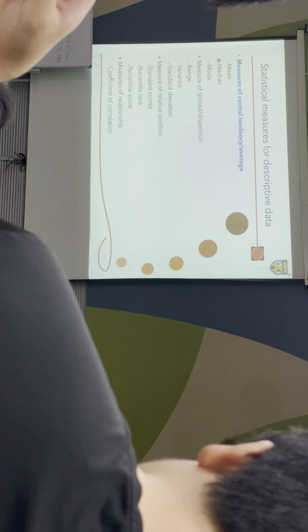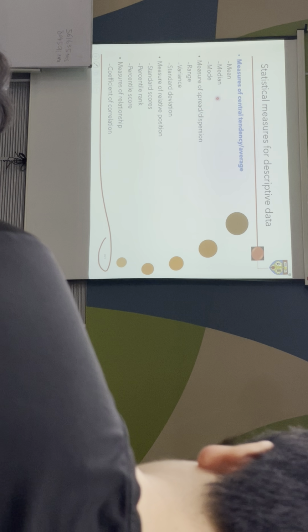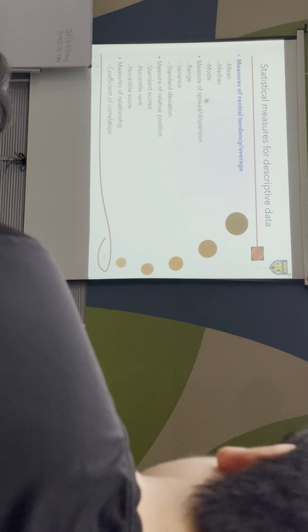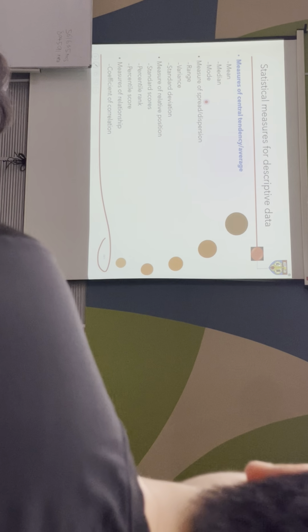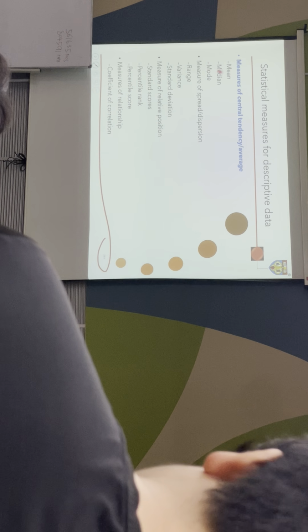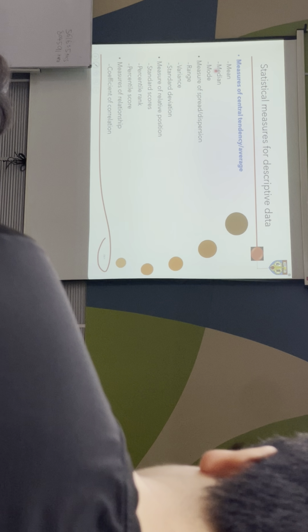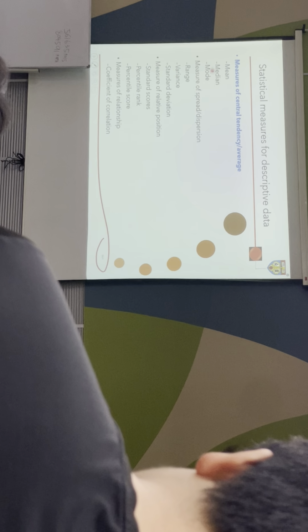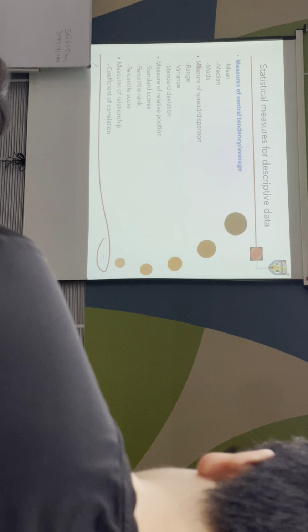Then we also have median, which is the middle value. Let's say you have 10 values, before you get the median you need to sort your values first. And then mode refers to the frequency.